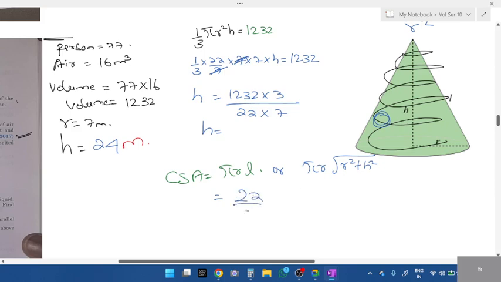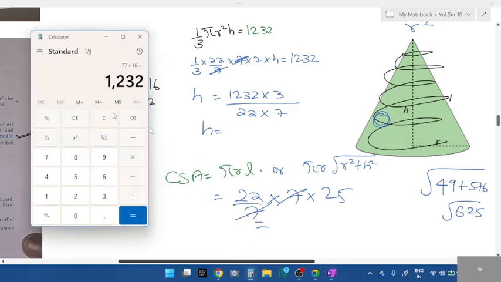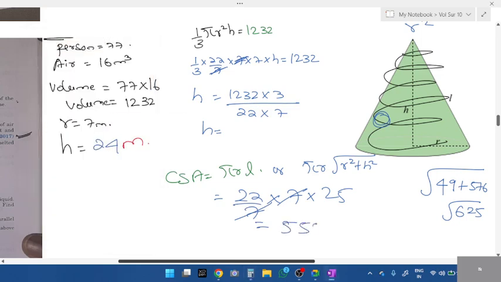Pi is 22 by 7 into r, which is 7, into square root of, do it separately, 7 square 49 plus 576. What's the value? 625, right? 25. 7 and 7 get cancelled. 22 into 25 is how much, students? 550. Area is given in meter square.